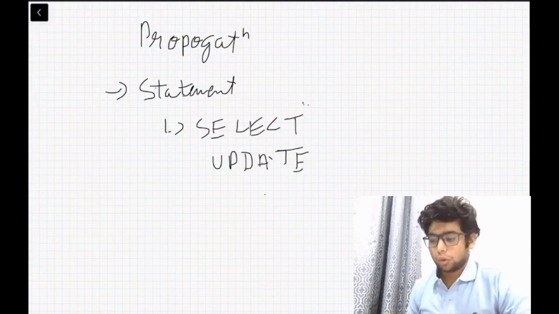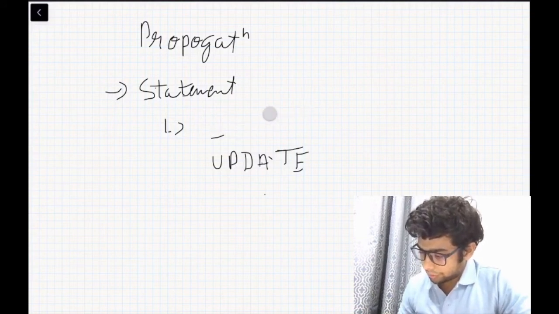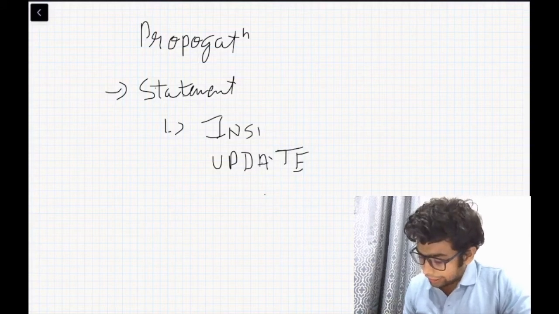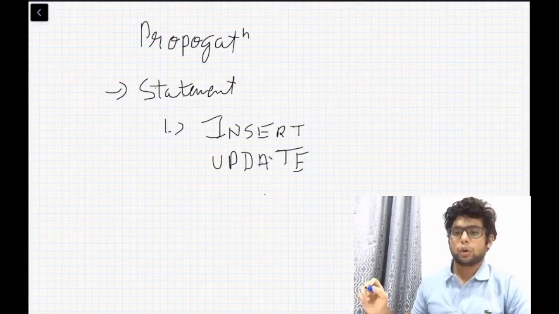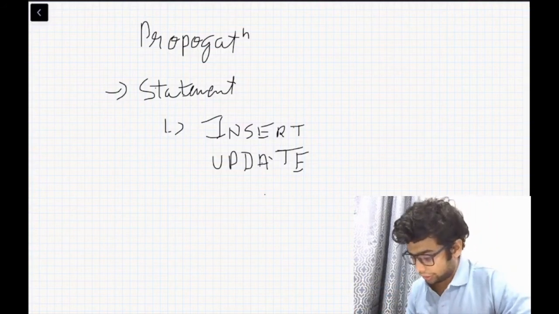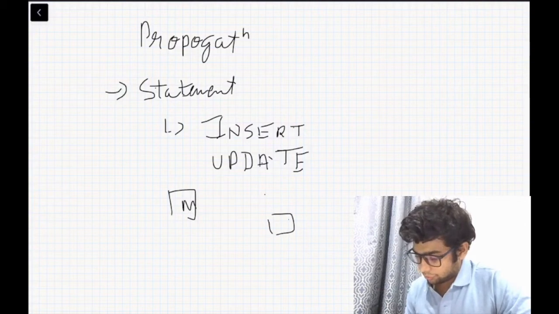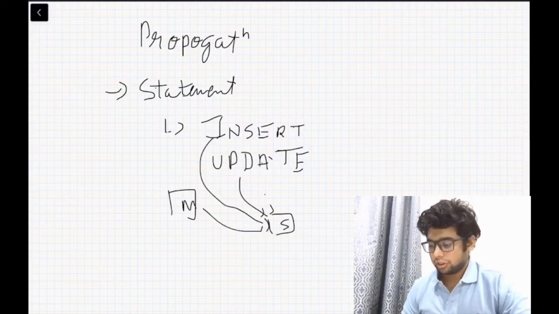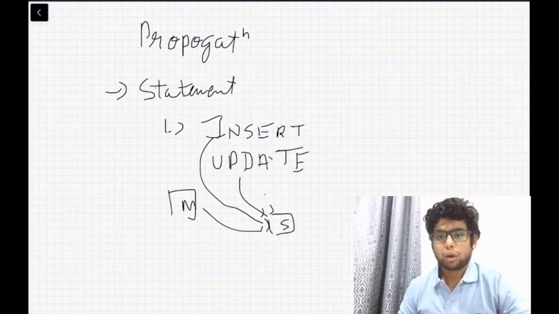So let's say I insert anything into my database. That insert query is directly redirected to the slave so that it also inserts this thing. So the insert and update will directly go to the slave. That's statement based.